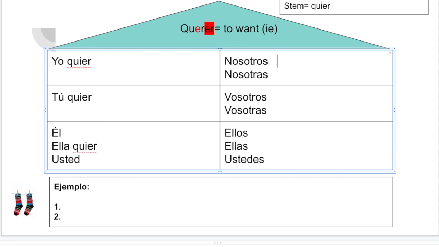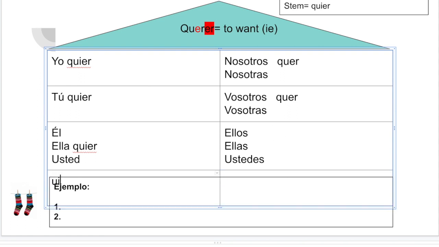So here I don't have to do anything, just drop the ER. So the stem is this one. The stem is this one, but here I have to add the I before the E. Alright, you see the difference? So never add the IE in nosotros and vosotras. Okay, now the endings. So the endings of ER verbs are the following.